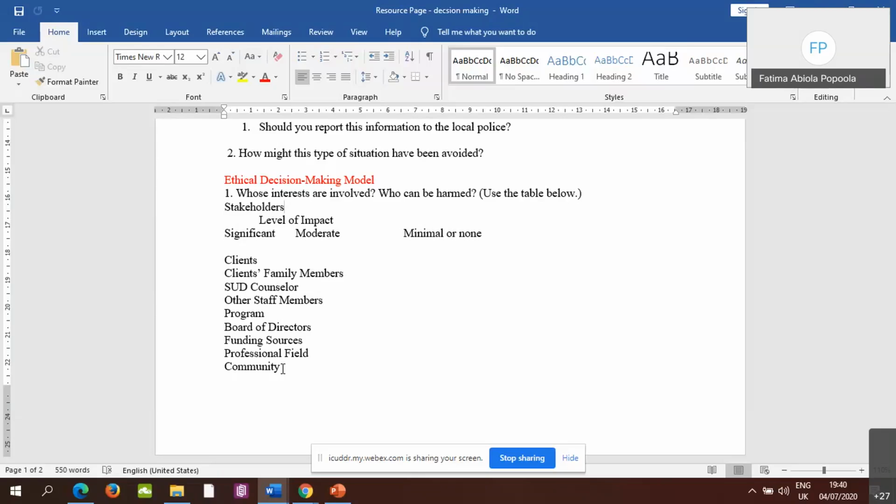What about the client? Are Ranjit's interests involved in this case? Yes, the client's interest is involved. I can also hear Professor Rania saying that the client, Ranjit, and his family members are very involved.